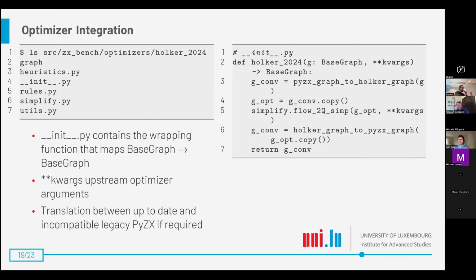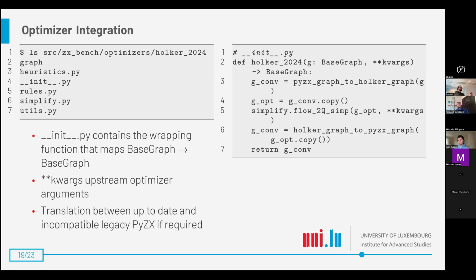However, the fun starts as soon as incompatible PyZX versions are involved. And for this, we decided to distribute the optimizer with a stripped-down version of the PyZX dependencies of the version the optimizer was published with.